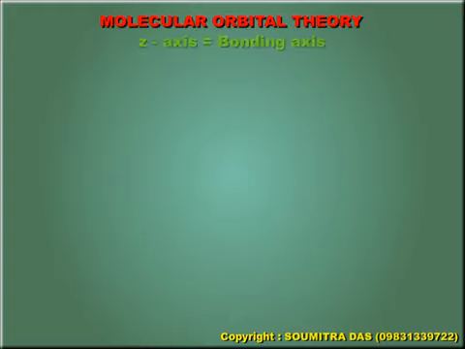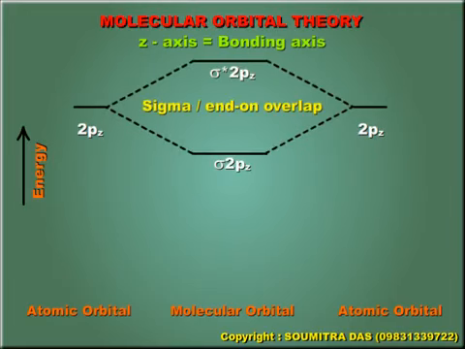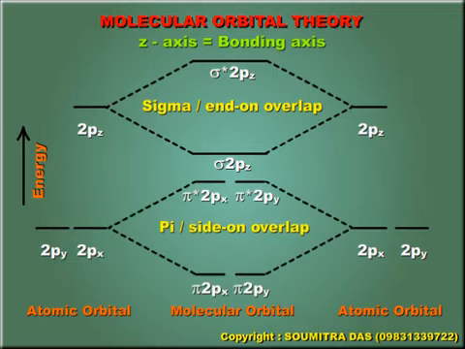Now if we arbitrarily choose the z-axis as the axis of bond formation, then 2pz orbitals undergo sigma or end-on overlap, and the 2px and 2py orbitals undergo pi or side-on overlap. In the following animation, we will see the formation of p-p sigma overlap and p-p pi overlap.